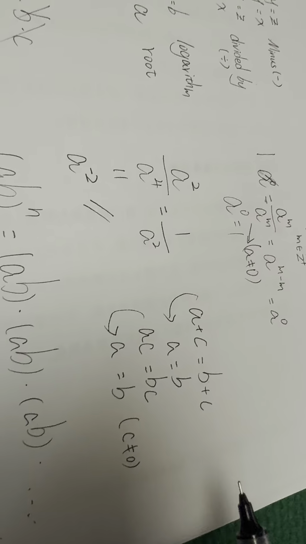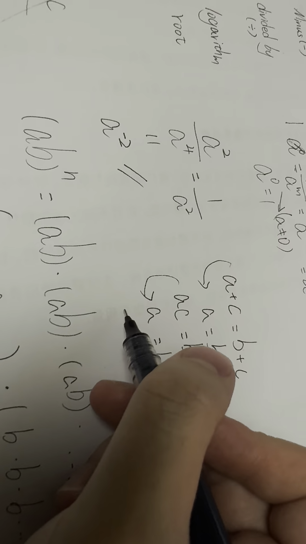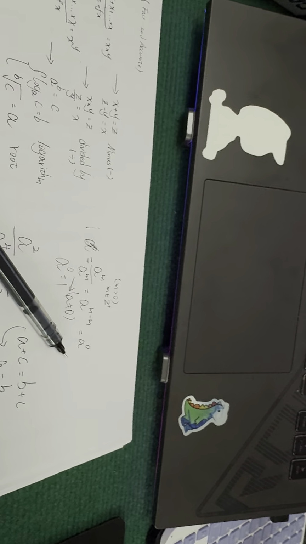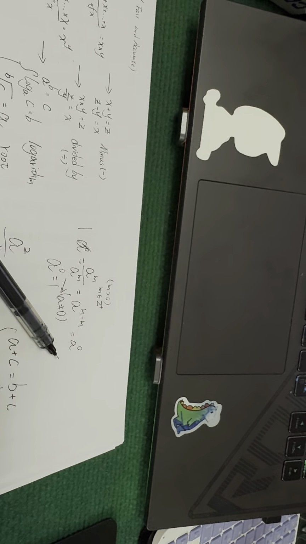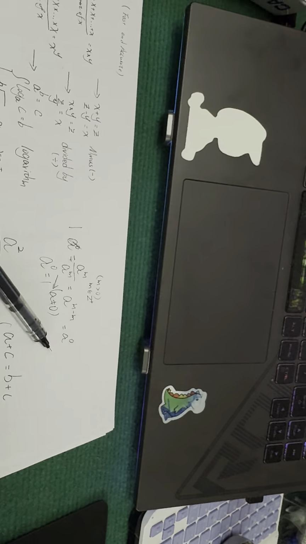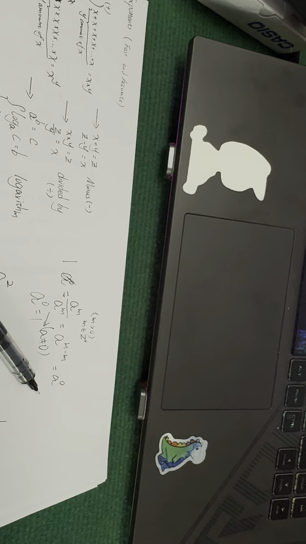So maybe everyone will think, oh, if, for example, 3 to the power of a is equal to 3 to the power of b, it means a equals b. If we do the same operation on a and b, and the results on the left and right sides are still equal, it means we can prove a equals b.